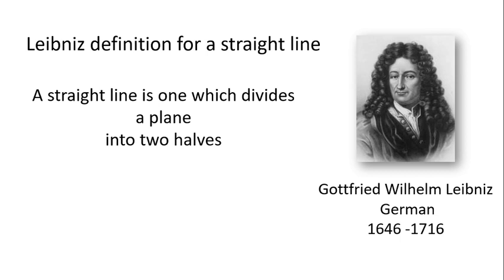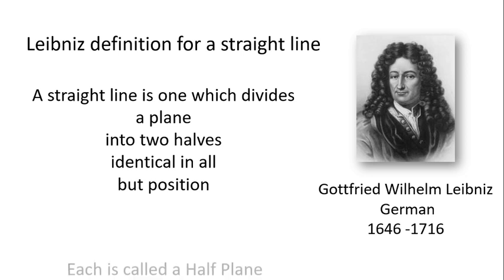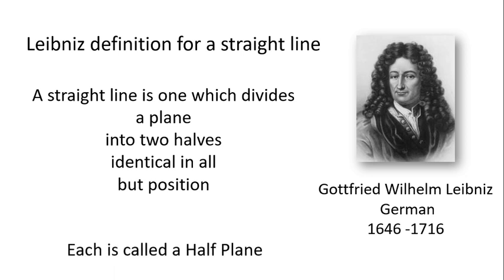He says a straight line is one which divides a plane into two parts, into two halves, identical in all but position. Each part is called a half plane. This is another important concept, the half plane concept, given by Leibniz.